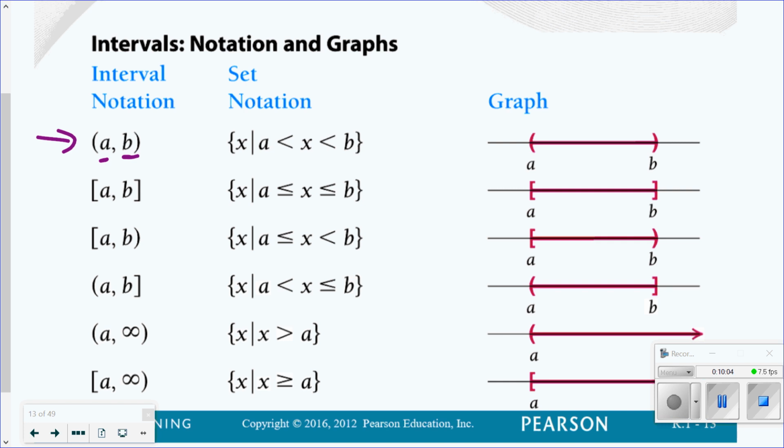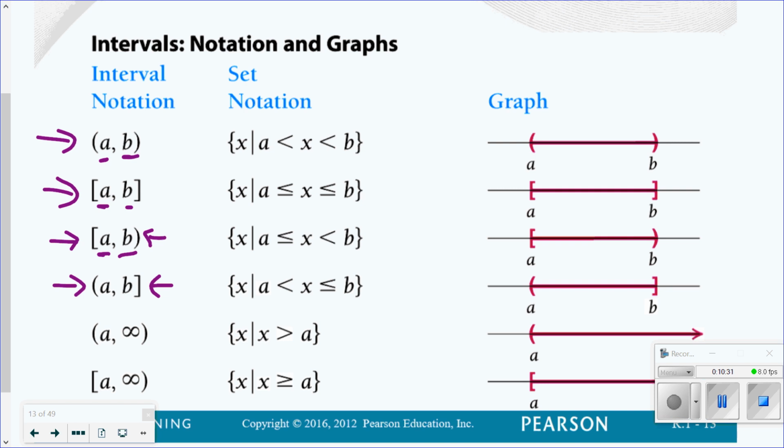A and B are not included. So we use this parenthesis to indicate that they are not included. We can't equal those numbers. If we want to equal those numbers, we have to use the square brackets. That means that A is included and B is included in the set. And then, of course, you can do variations on that where A is included, but B is not included, or A is not included, B is included.